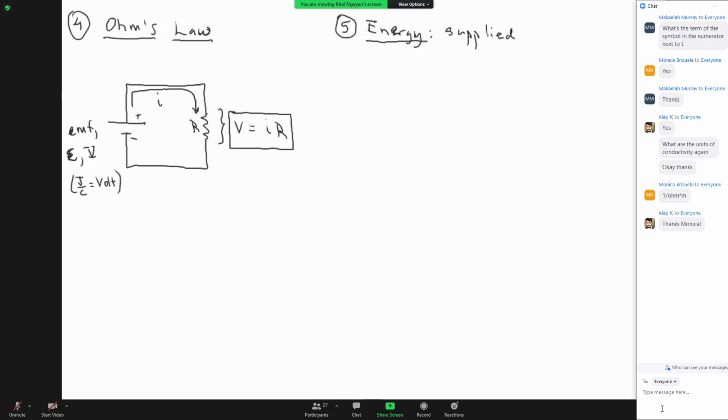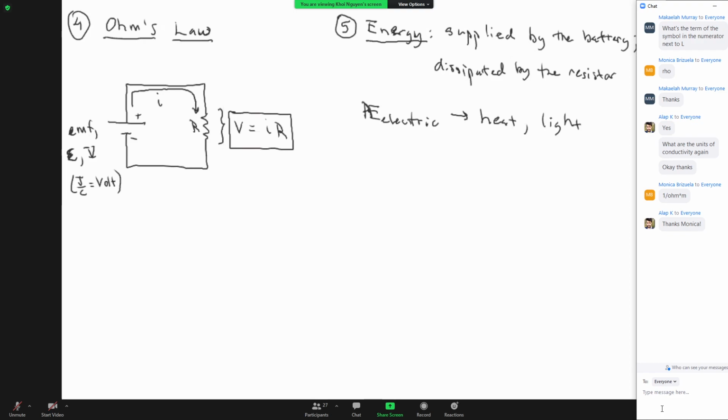Energy is usually supplied by the battery and dissipated by the resistor. The energy that we're talking about is the electric potential energy, the same energy we discussed in the electrostatics lecture. And that energy gives off heat and light. Little I.